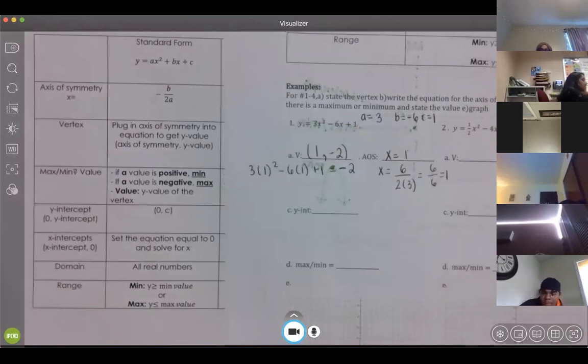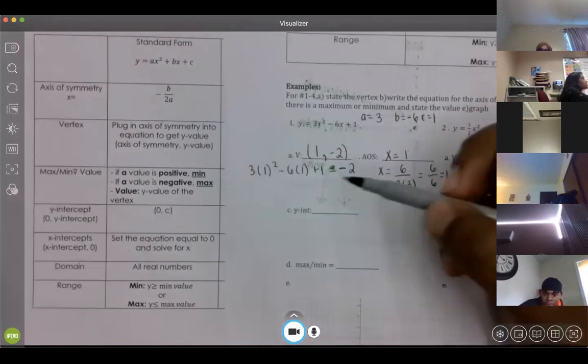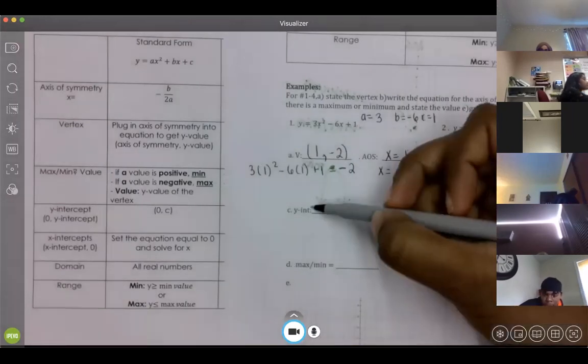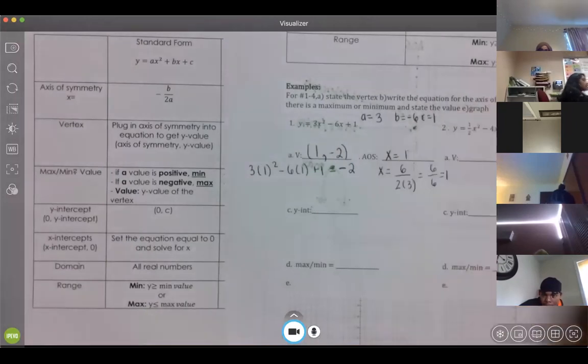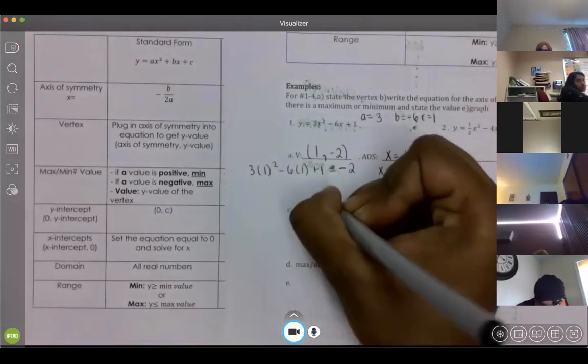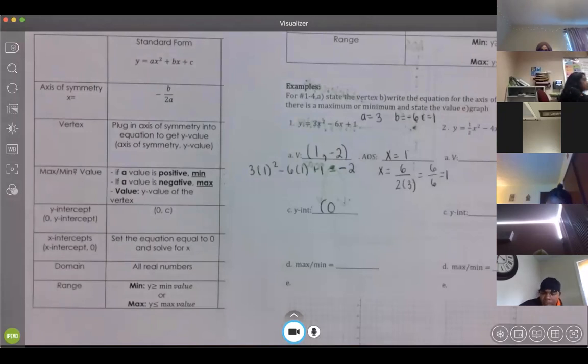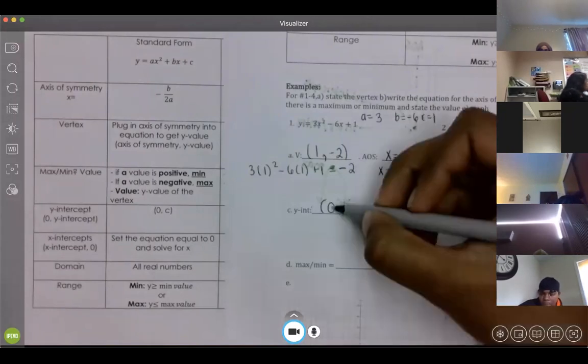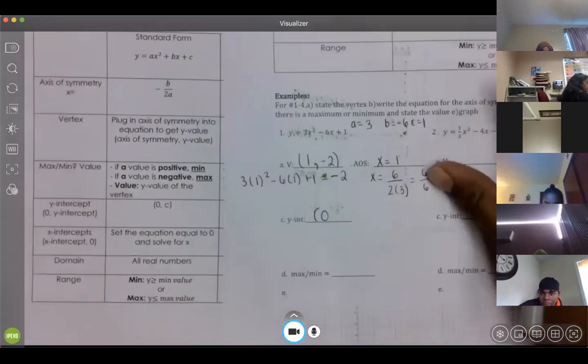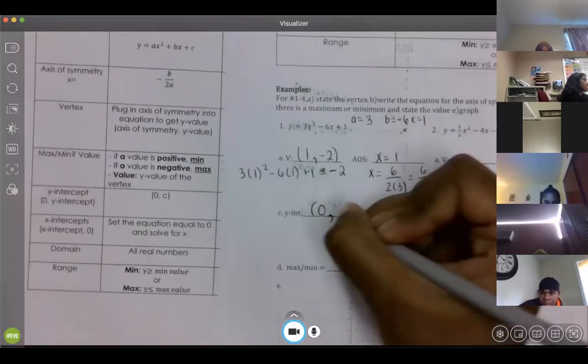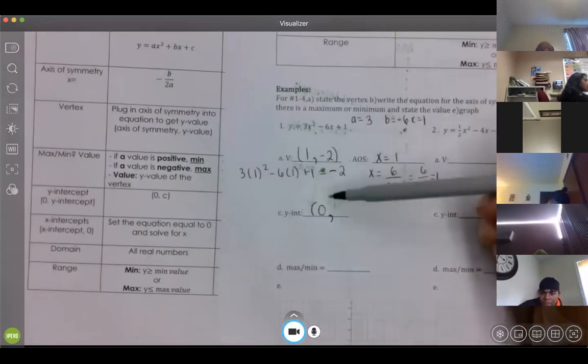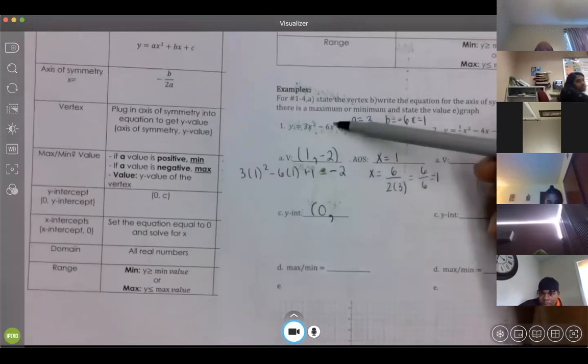All right, the next thing we have to find is the y-intercept. The y-intercept is where your graph is going to cross the y-axis. In other words, your x is always going to be 0 when you find the y-intercept. Then we plug in a 0 into the equation to get the y value.